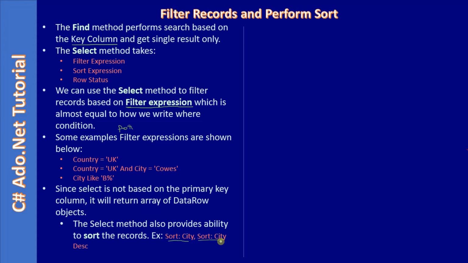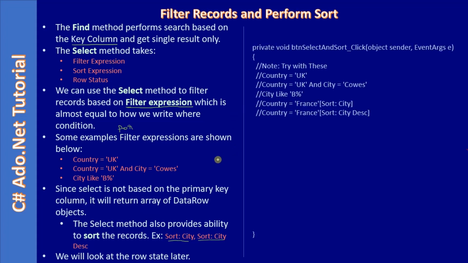DESC is for descending and ASC is the default, that is for ascending. We will look at the row status later. For now, let's dig into filter as well as sort expressions. So here we just commented some of the examples. We will try these when we go to the code.